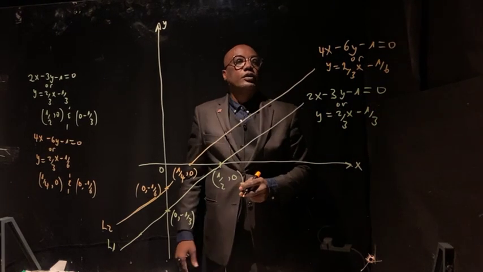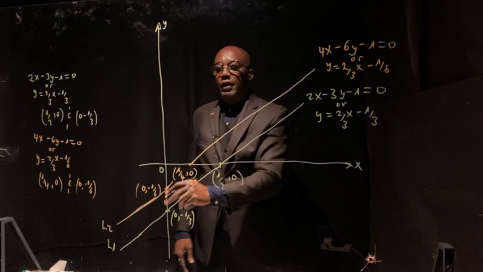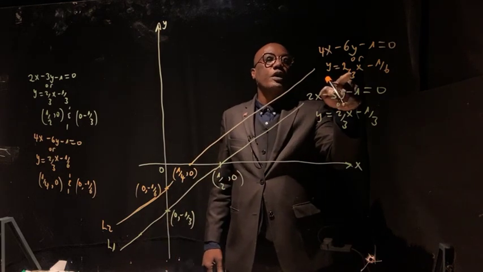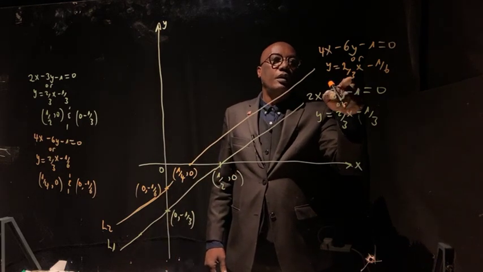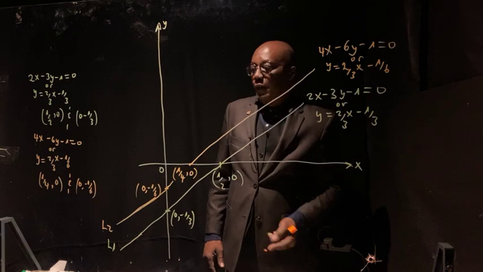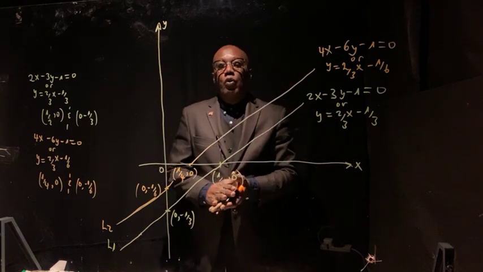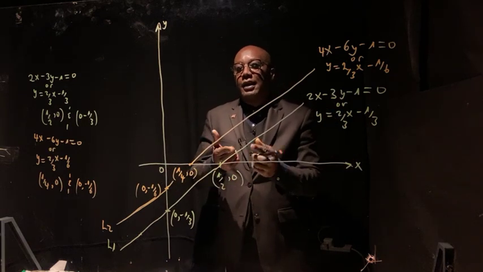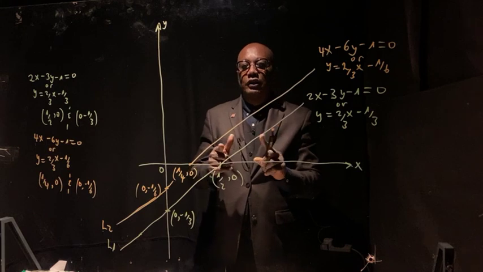You can see that the two lines, they are parallel and they have the same gradient, 2 over 3. That was the reason why it had no point of intersection.